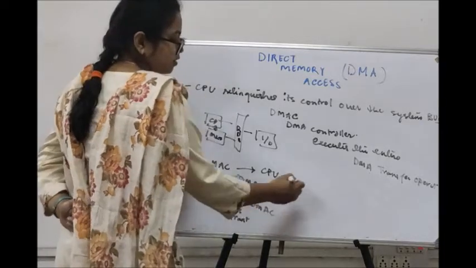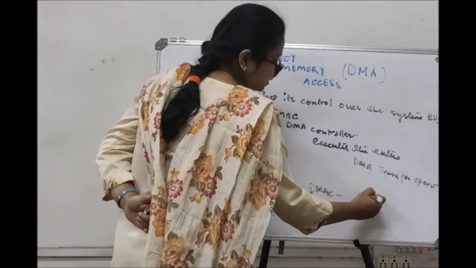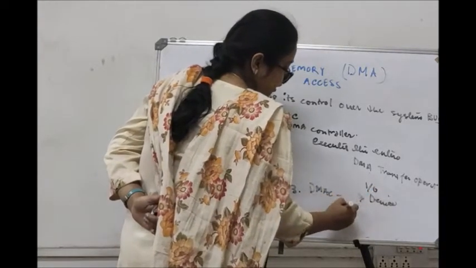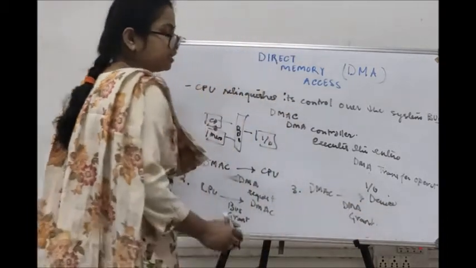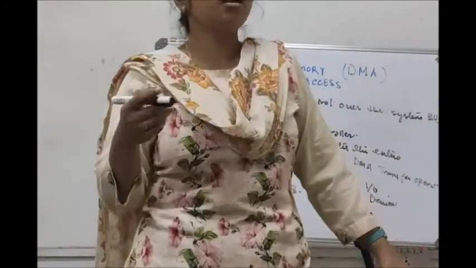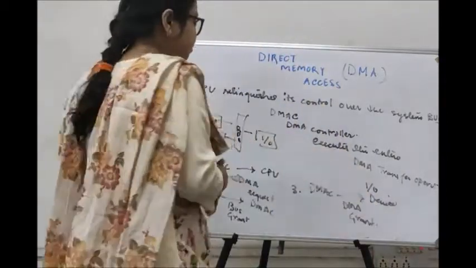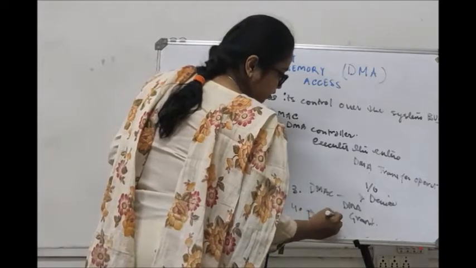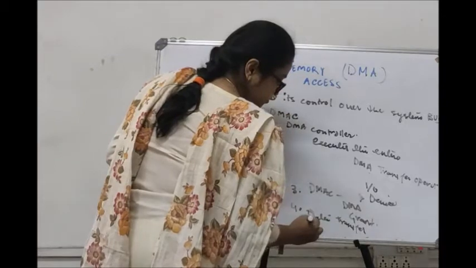Then in the third step, the DMA controller will send the respective IO device the DMA grant. That means the device will get to know that yes, I have been given direct access to the system memory to transfer data. Then in the fourth step, data transfer takes place.